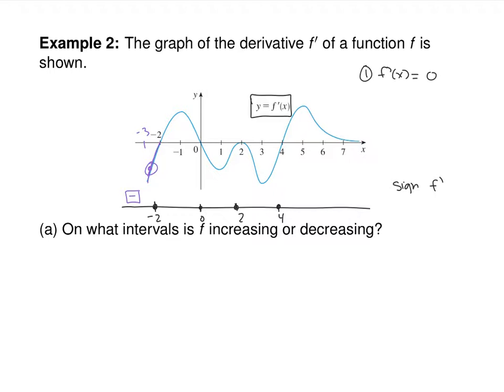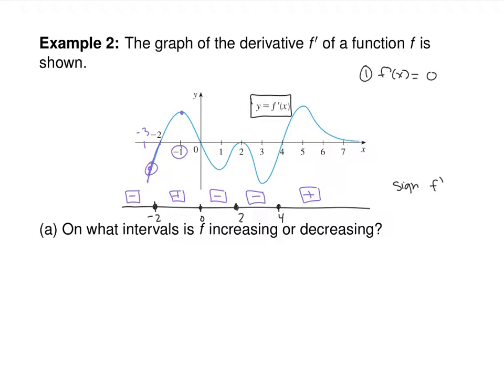The y value is below the x-axis, yep. What if I tested -1? What would the y value of f prime be when you tested -1? Positive. And then negative and negative, and then positive. Testing in f prime means finding the y value of f prime. Does that make sense? Okay.